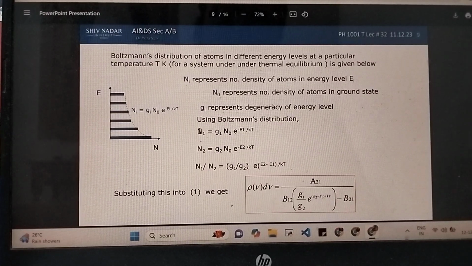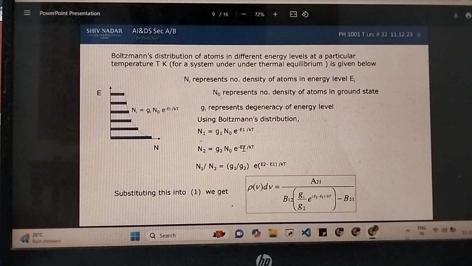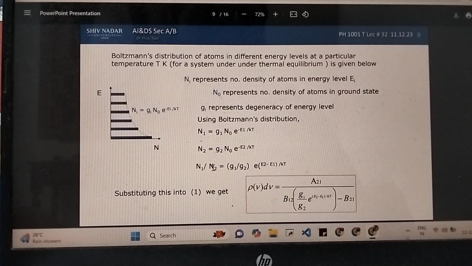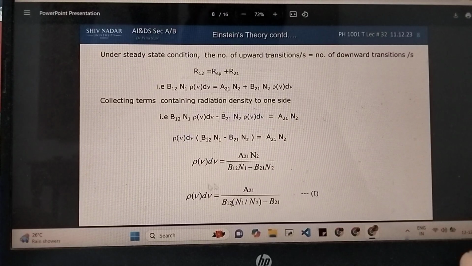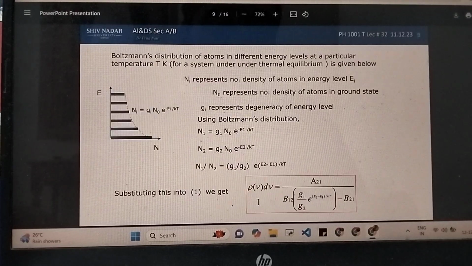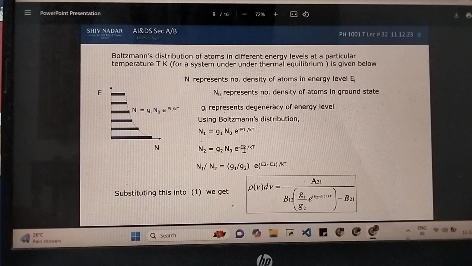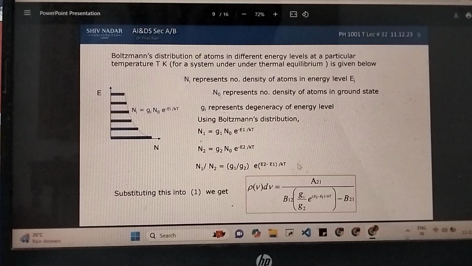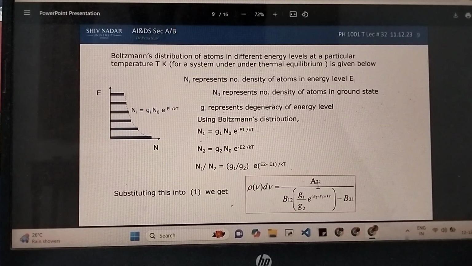Now using that we substitute and we get the values for N1 and N2, and then we do N1 by N2. Why are we doing this? Because in the previous expression for rho nu which we derived, we have this N1 by N2 term. We calculate N1 by N2 using Boltzmann's distribution, and we substitute that over here.